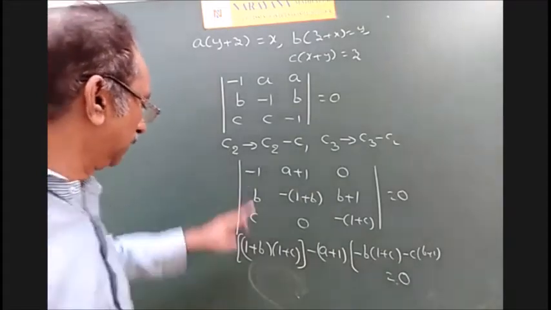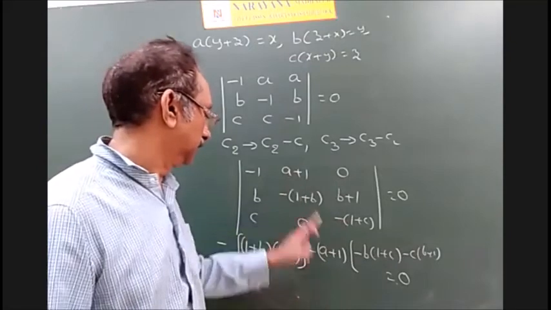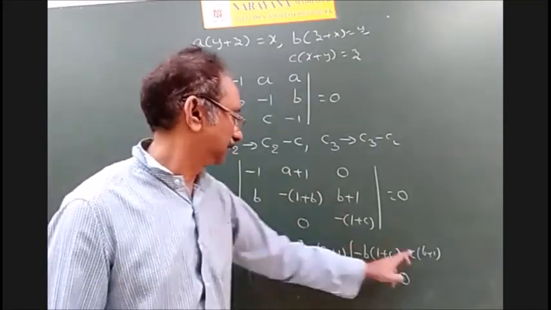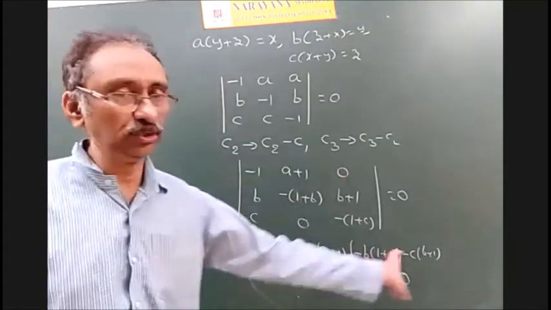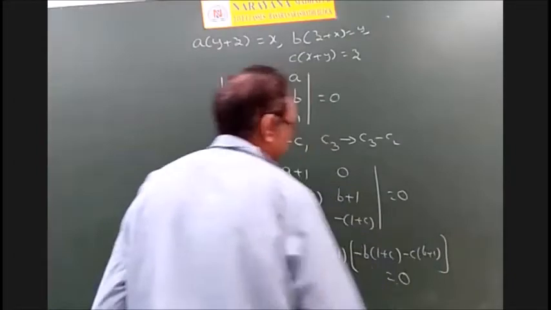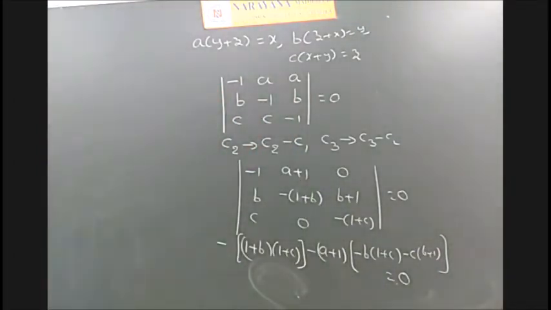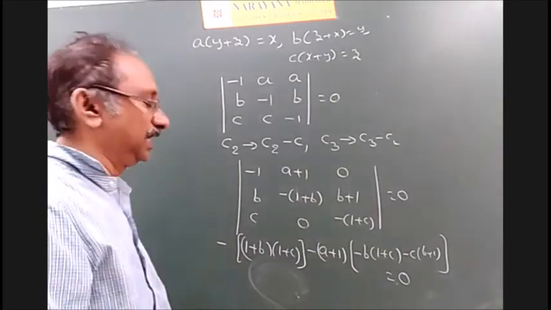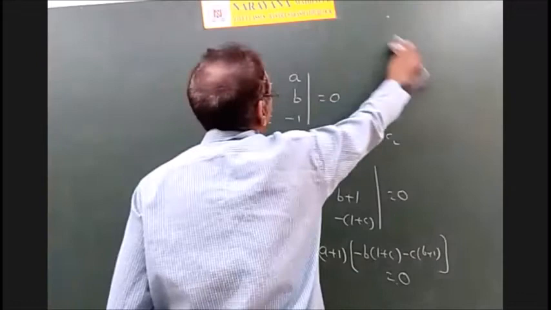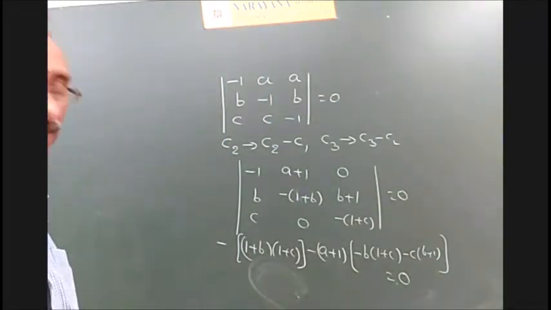Okay, no problem. So write like that. See, minus 1 into 1 plus b into 1 plus c minus 0. Minus of a plus 1 into minus b into 1 plus c minus c into b plus 1. 0 into cofactor 0. So this is the expression, and what I will do is divide with 1 by a into 1 plus a into 1 plus b into 1 plus c. See, because in the question there is in the denominator 1 plus a, 1 plus b, 1 plus c.